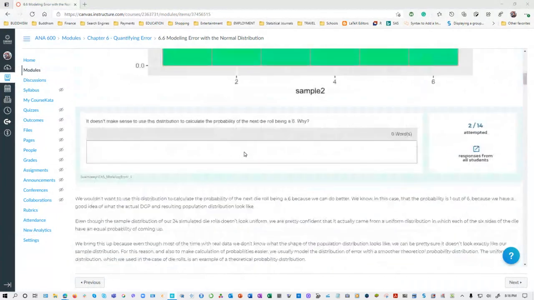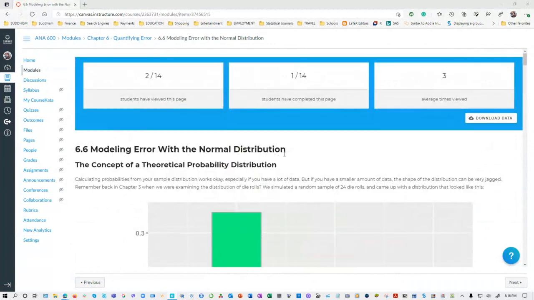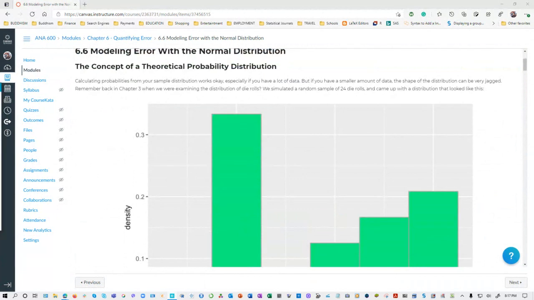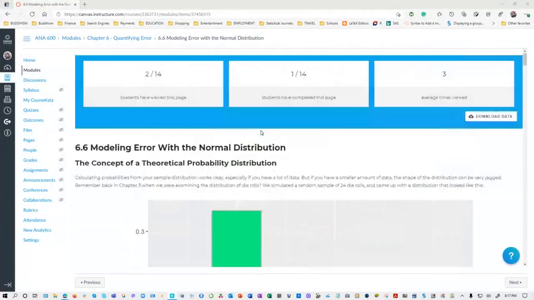That's why they say the error follows the normal distribution. This is a theoretical probability distribution. They believe that, because we don't know about the population error; we only know about the sample one. That's the kind of discussion they are building up over here.